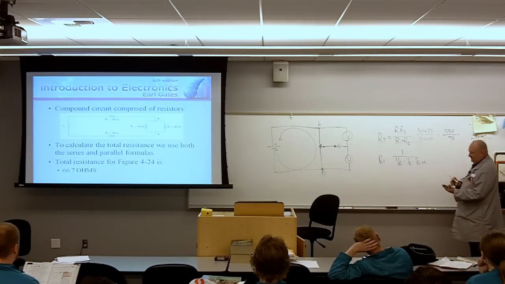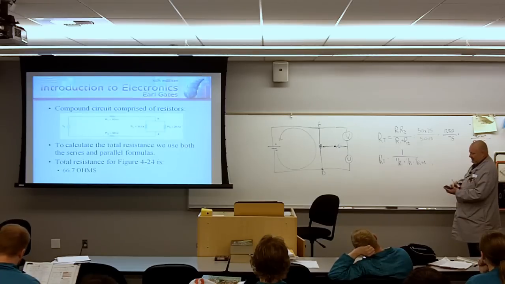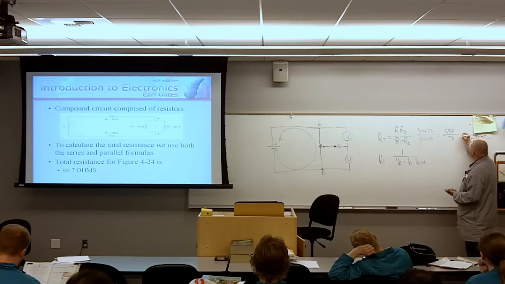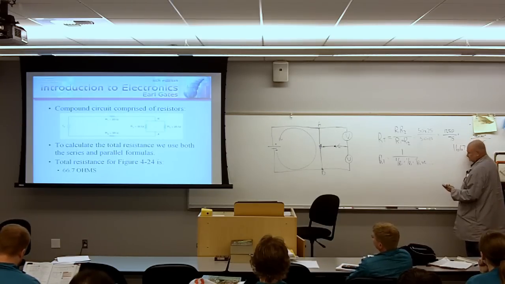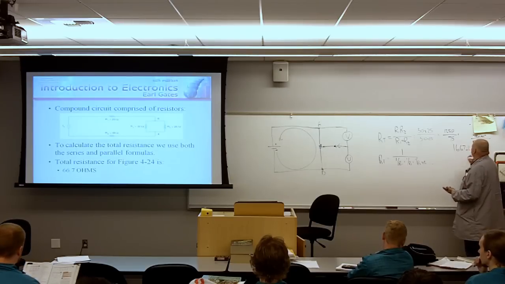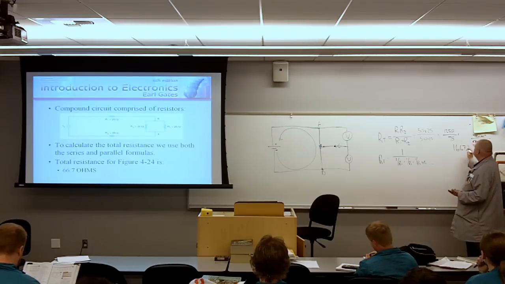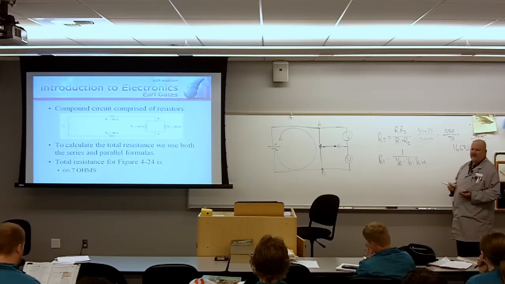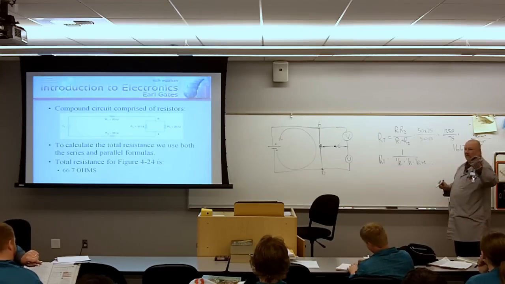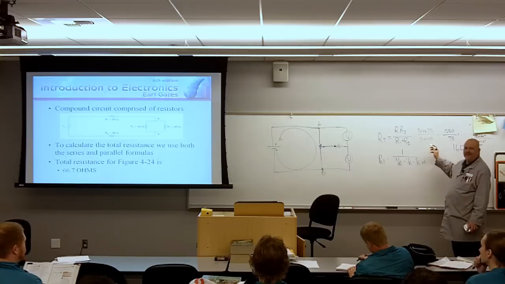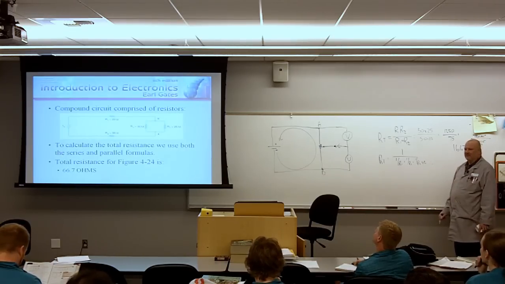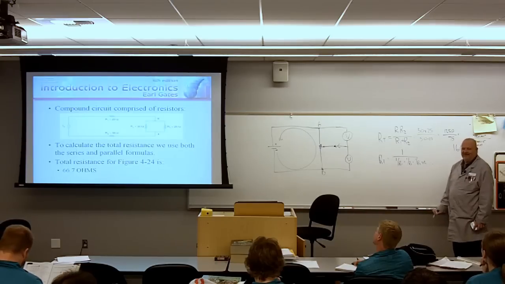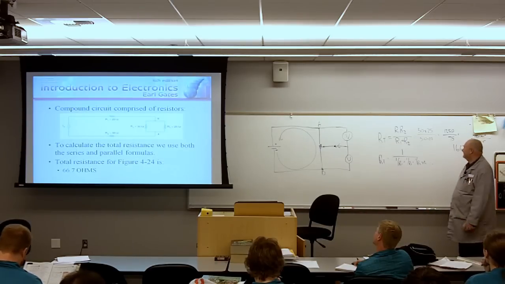So 1250 divided by 75 equals 16.67 ohms. So does everybody see how I did that? Isn't that a cool formula? I like that formula. I don't know why. I just like that formula.